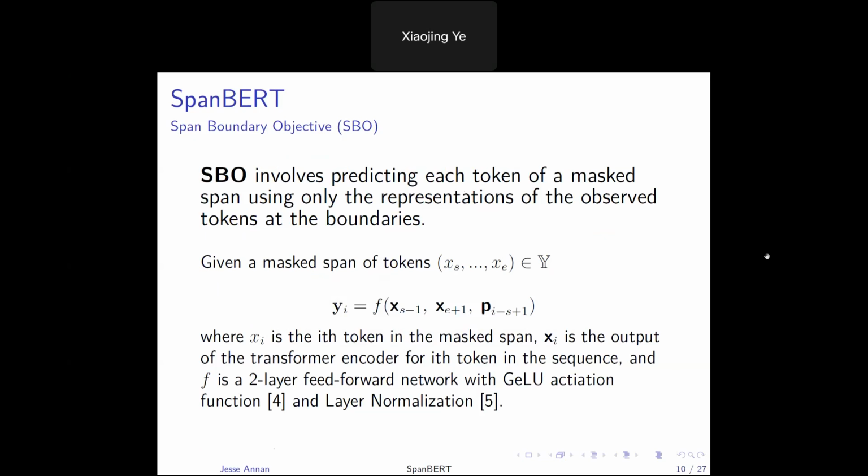And it passes this through a two-layer feed-forward network using the GELU activation function and layer normalization.